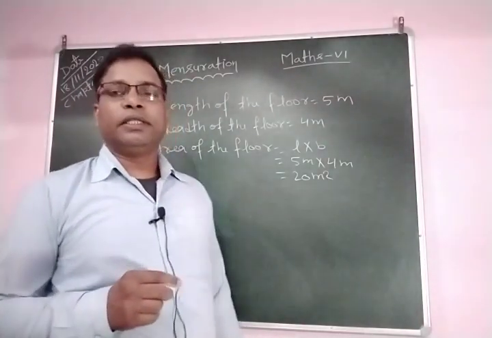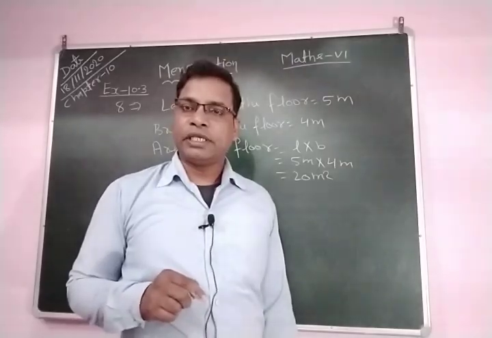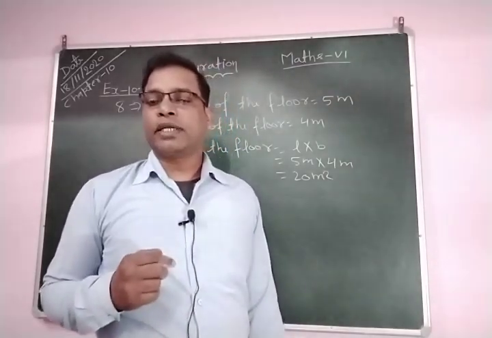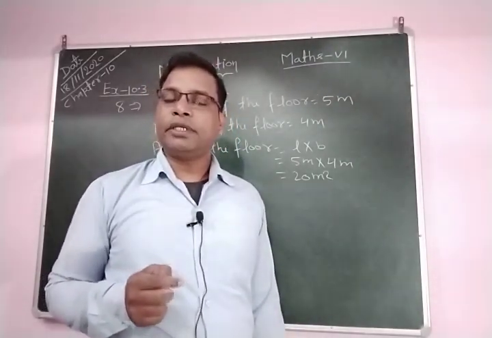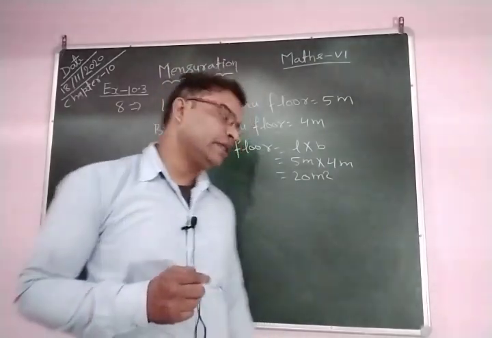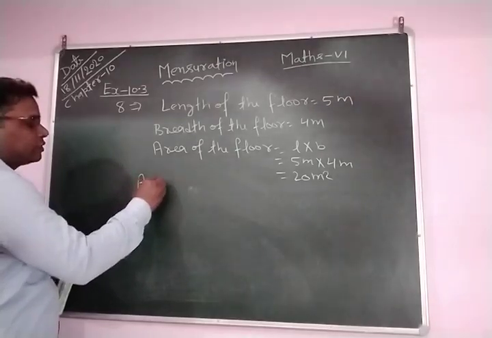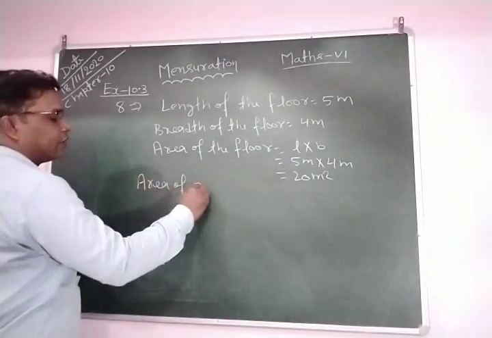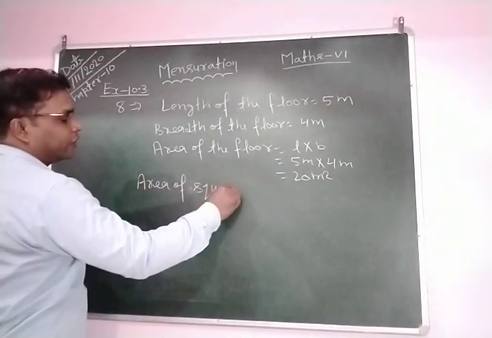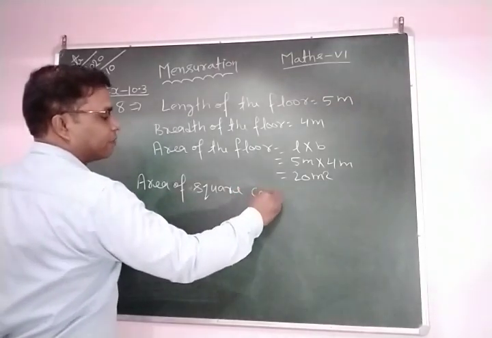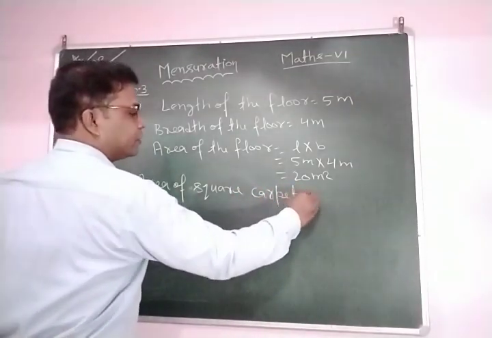Now it is given that the side of the square carpet is 3 meters. So what is the area of the square carpet? So we write here, area of square carpet is equal to what?